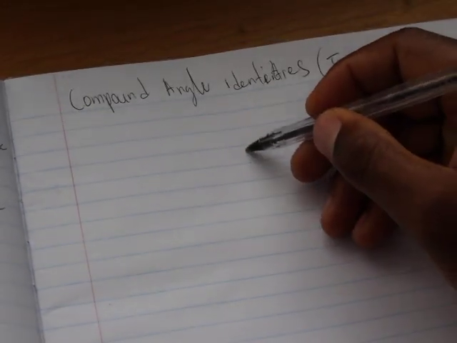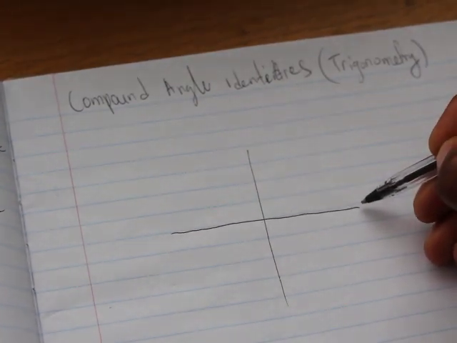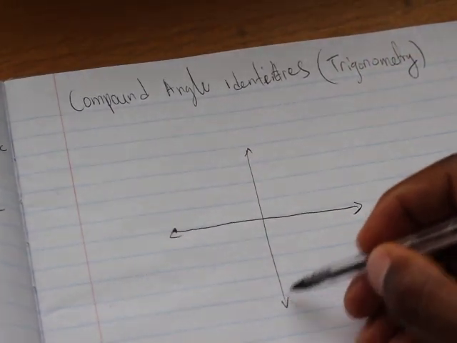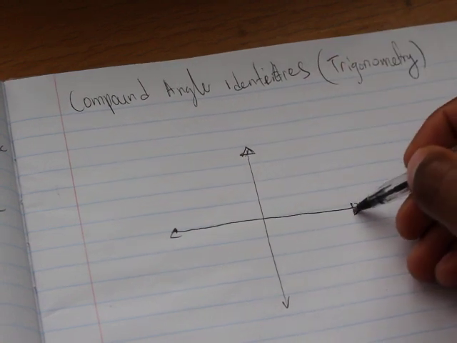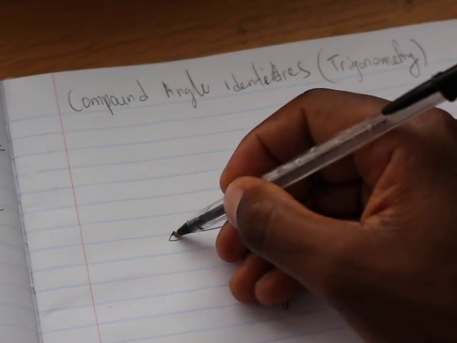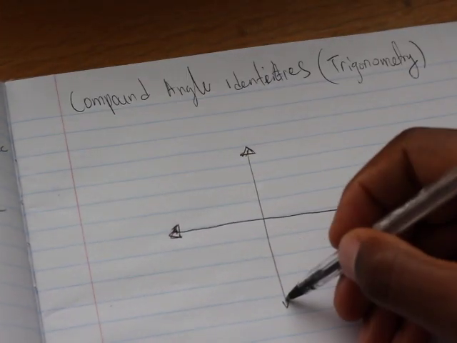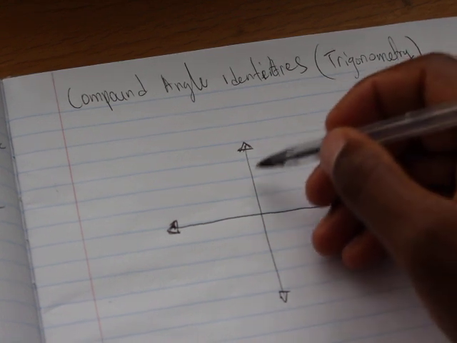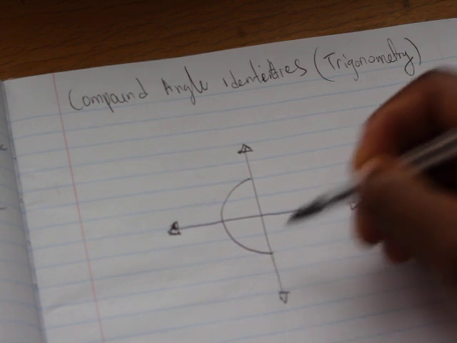So the first thing that we're going to do is draw a Cartesian plane quickly. We are just trying to prove the compound angle identity. So here's a Cartesian plane. And then we're going to draw a unit circle. A unit circle is simply a circle which has a radius of 1.